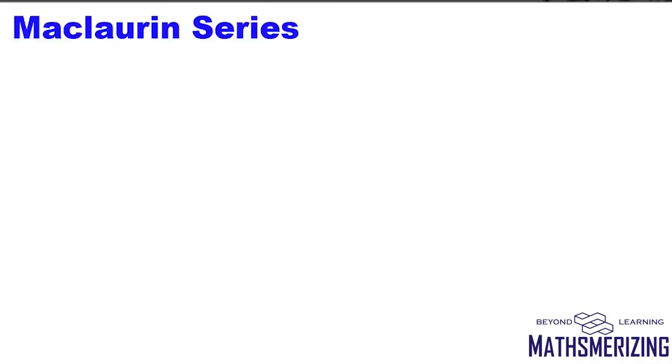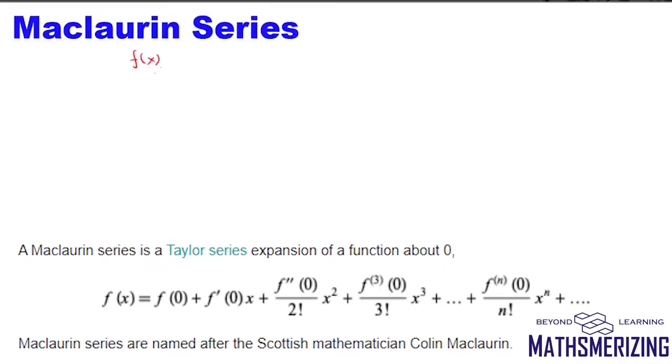A Maclaurin series is a smart way to represent a real or complex valued function f(x), which is infinitely differentiable at 0, as a power series, which is f(x) = f(0) + f'(0) x + f''(0) x^2/2!, and this series continues up to infinity, or I can simply write it as the summation for r from 0 to infinity of the rth derivative of f at 0 upon r! into x^r.